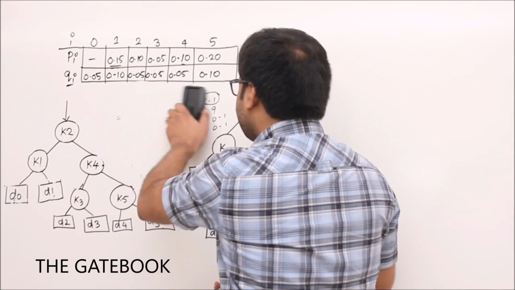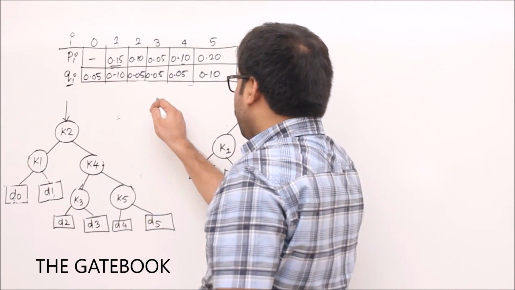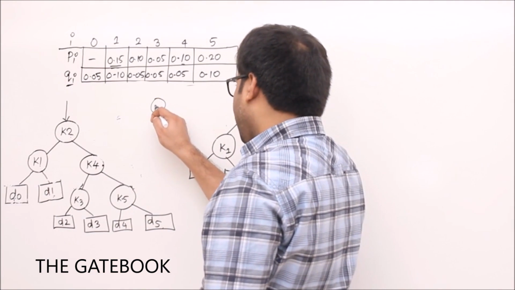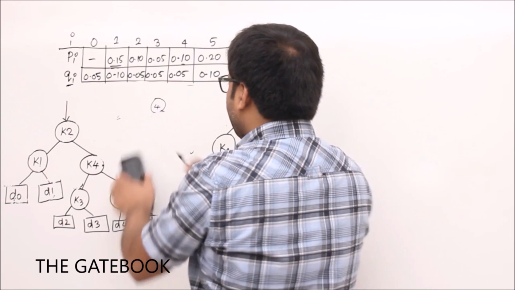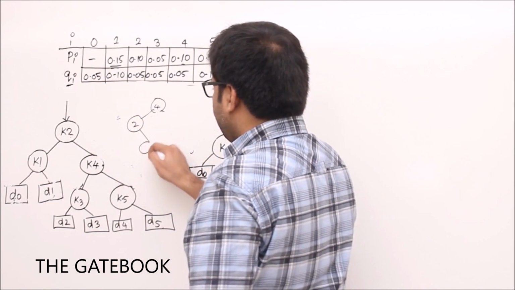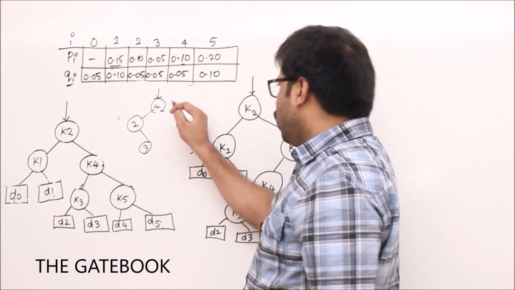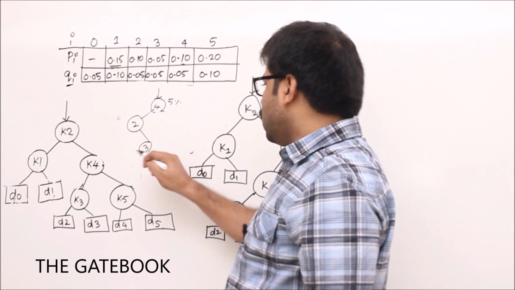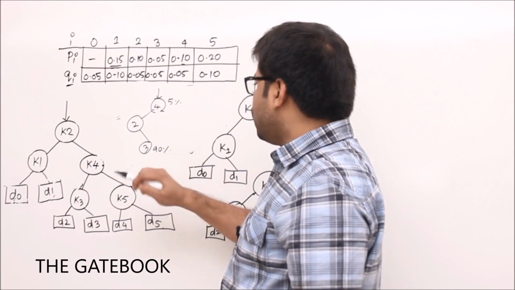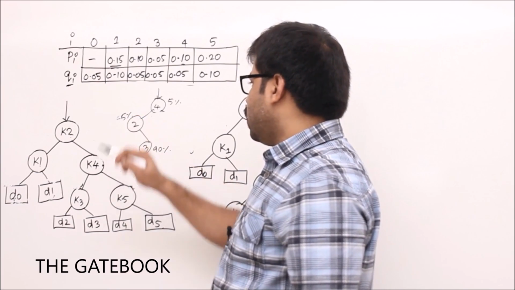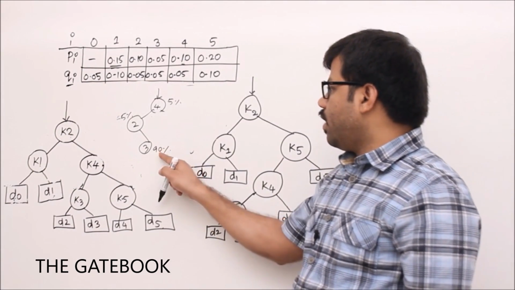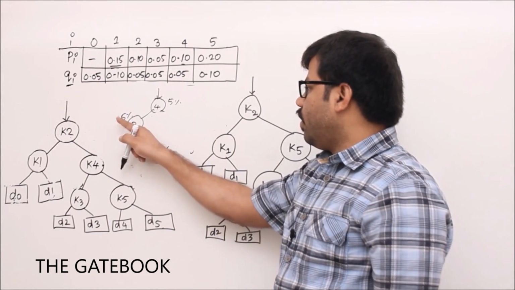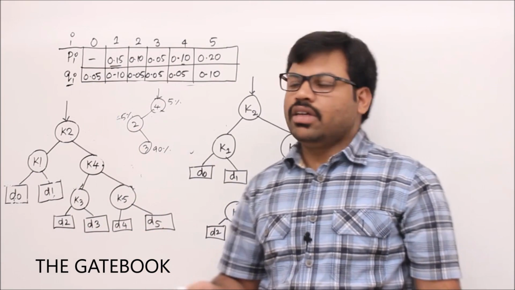Now take another structure with 2, 3, 4, where 4 is at the root, then maybe 2 is on the left side, after that 3. Take this tree. 5% of the time 4 is searched, 90% of the time 3 is searched, and 5% of the time 2 is searched. Again, no unsuccessful search, only successful searches. That's why the probabilities 5, 90, 5 add up to 100%.